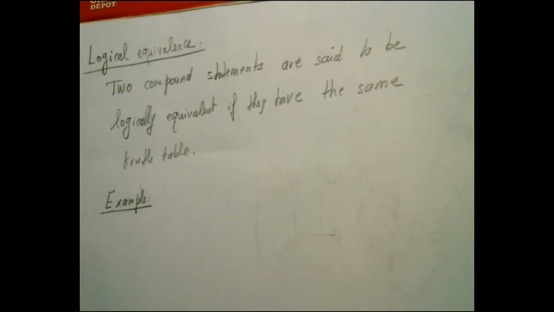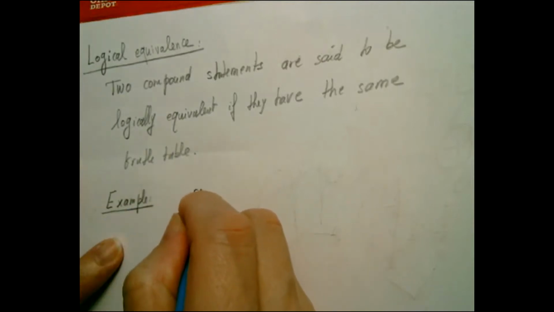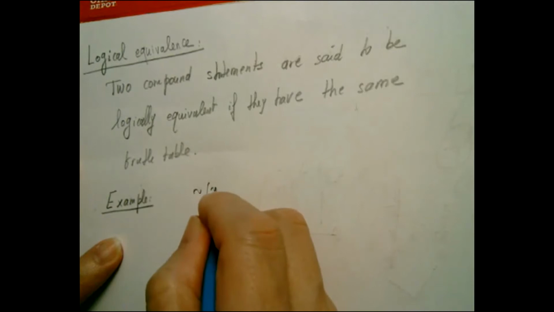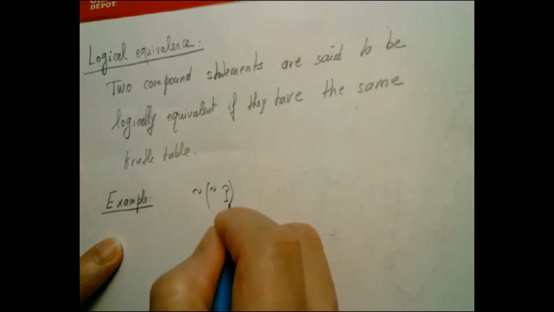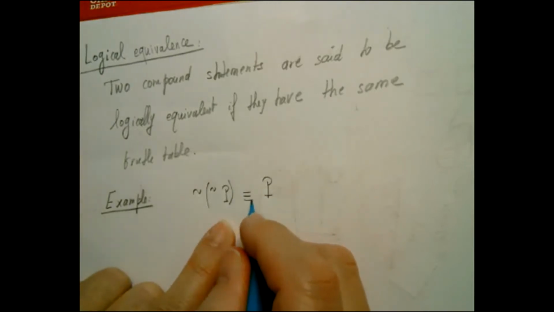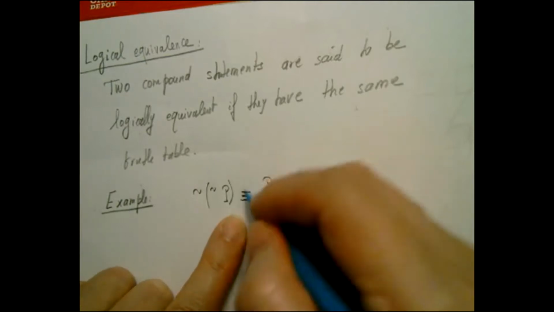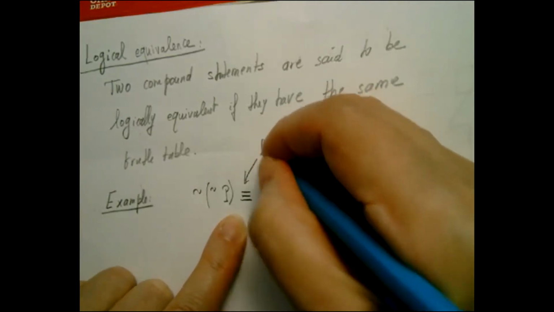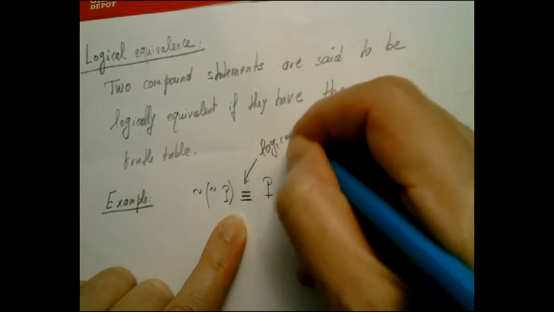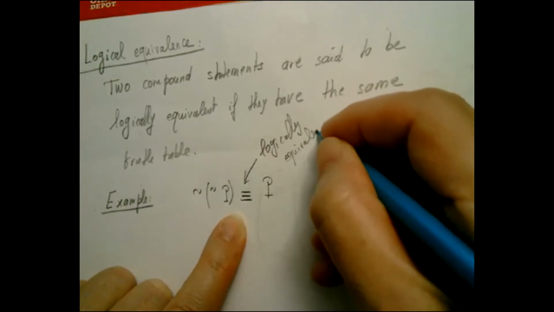I'll start with an easy one. Suppose P is a statement. Show that the negation of the negation of P is logically equivalent to P. Books differ on the notation, but this symbol means logically equivalent, meaning they have the same truth table.